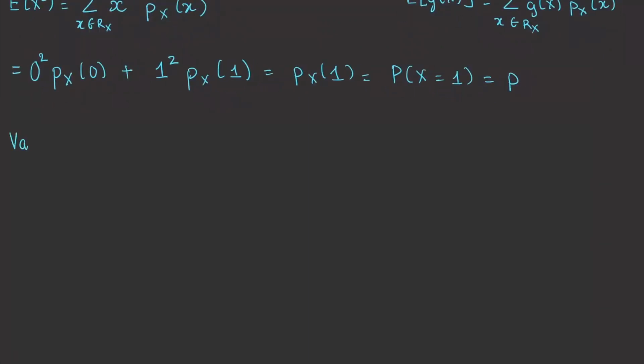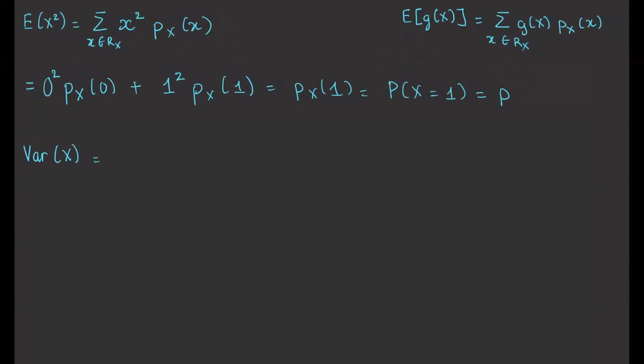And remember, we were interested in finding the variance of x. We just found the expected value of x squared is p. So I put it down.